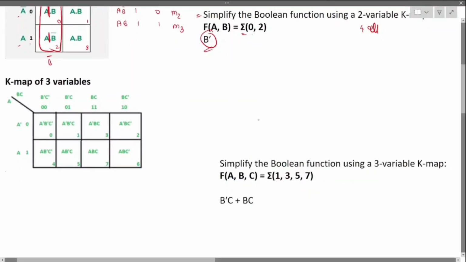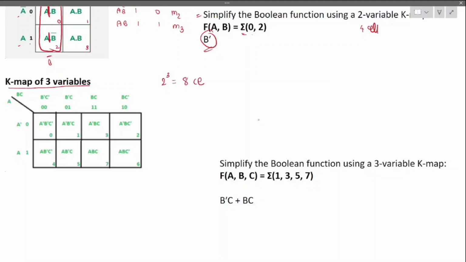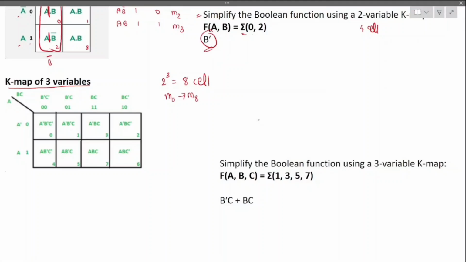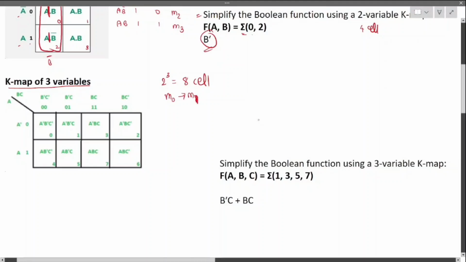Now this is the KMap for 3 variables. 3 variables means 2 power 3, which is 8 cells we need. Means the minterms vary from M0 to, sorry, M7. Now see here directly, the trick is keep the A here, BC here, draw the 8-cell KMap like this only.